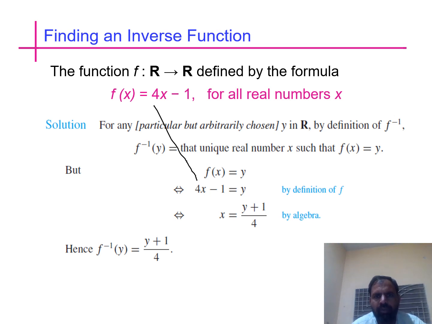So by definition of this function, from here we calculate the value of x by interchanging both sides. X is equal to y plus 1 by 4, basic algebra. So x is basically f inverse. You can say here f inverse of y is equal to y plus 1 by 4.